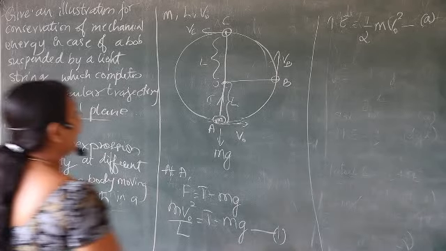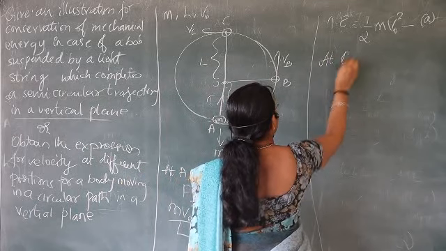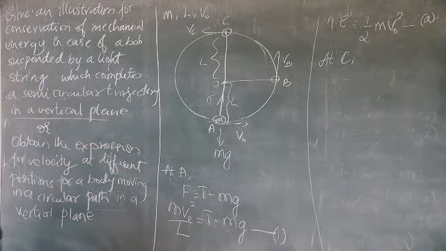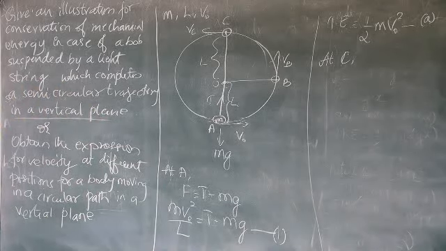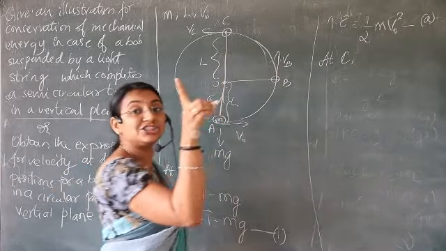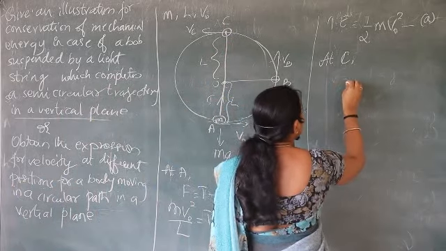Bottom is over. Now we'll go to the topmost point, the point C. What happens at the point C? What is the total force acting on the body? The total force acting on the body is due to the weight only, because tension is equal to 0. I have already explained this.